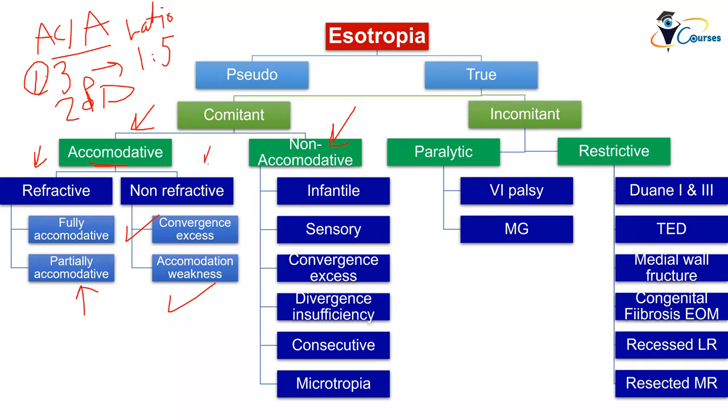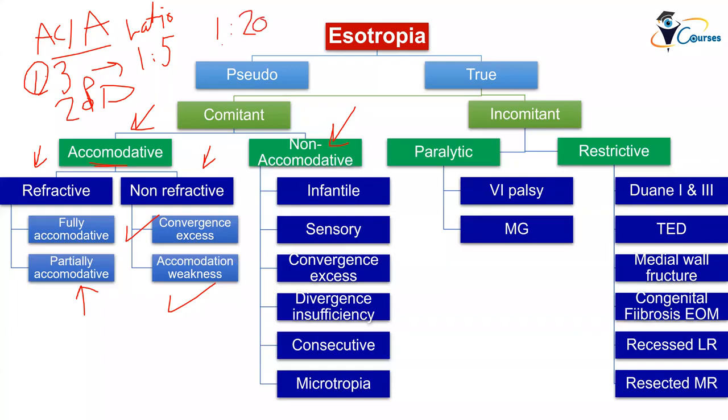What about the non-refractive? The non-refractive means that it has no relation to the hyperopia. Like the patient has hypermetropia that is normal for his age, but the abnormality is in the accommodative convergence to accommodation ratio. For example, the normal AC/A ratio is 1 to 3 to 1 to 5. What happens if a patient has an AC/A ratio of 1 to 20?